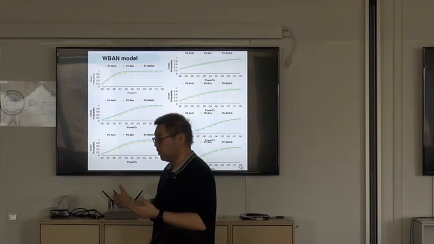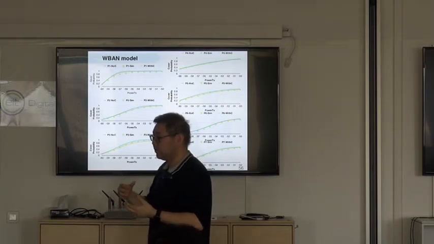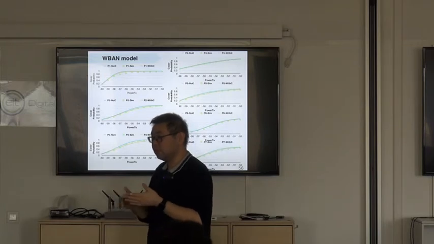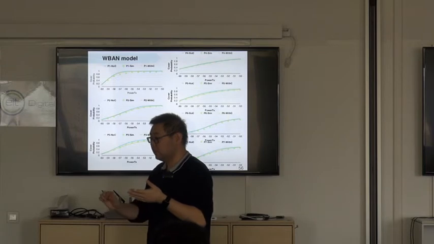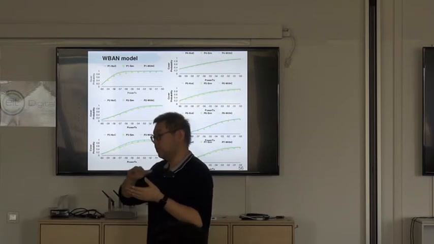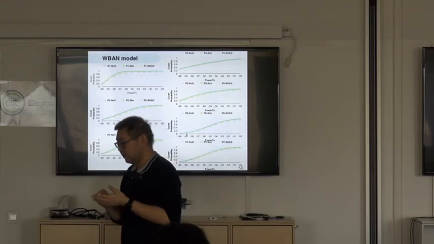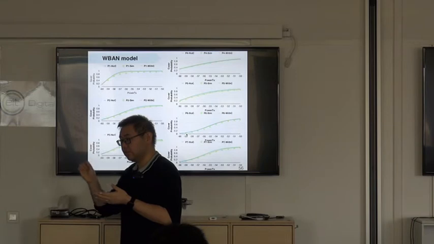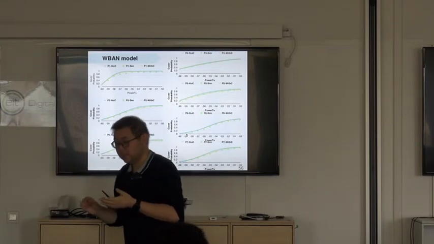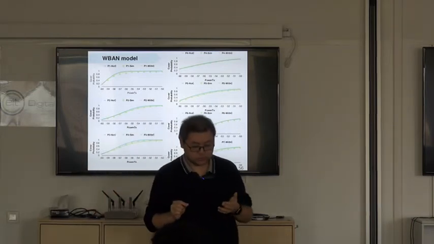And we do another simulation where we modify the transmission power. We change the transmission power to see the change between the reception rate, the cover probability and the transmission power.